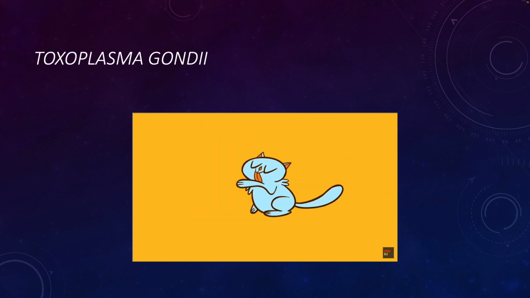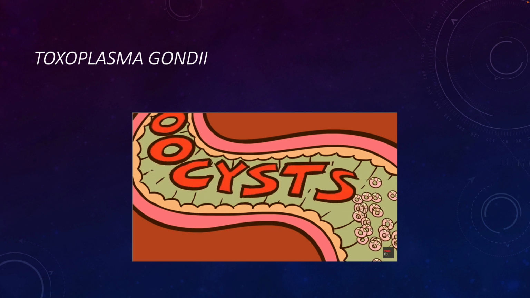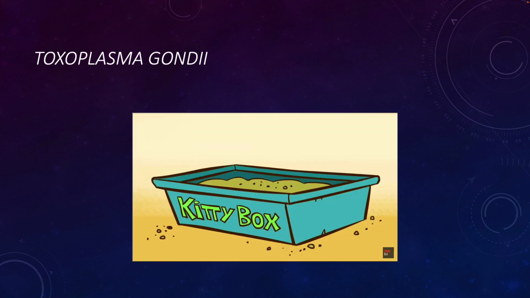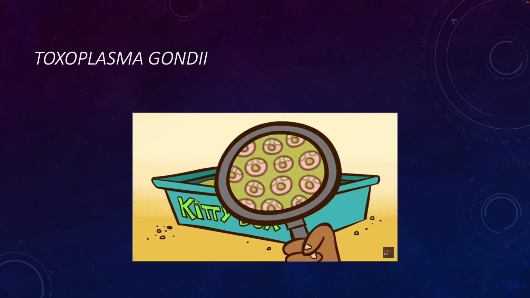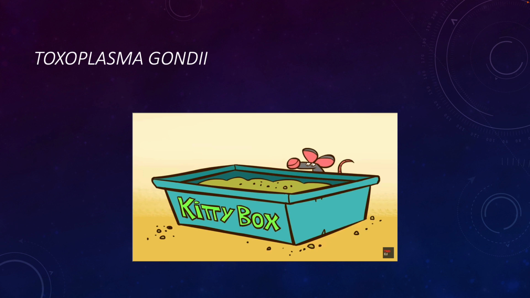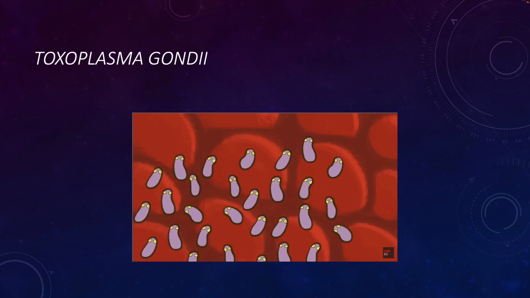While the parasite can multiply in practically any host, it can only reproduce sexually in the intestines of cats. The offspring, called oocysts, are shed in the cat's feces. A single cat can shed up to 100 million oocysts. If another animal, like a mouse, accidentally ingests them, they'll invade the mouse's tissues and mature to form tissue cysts.